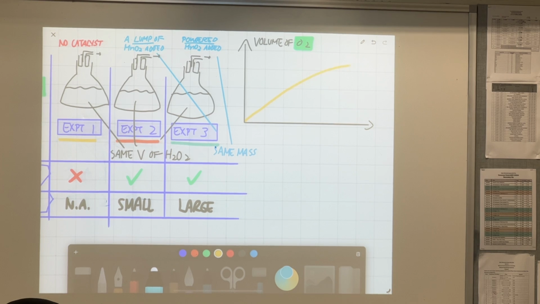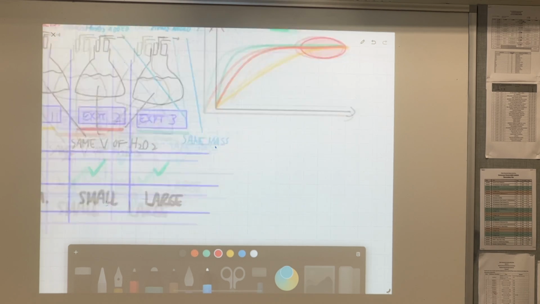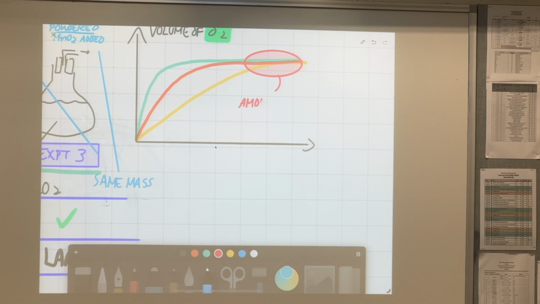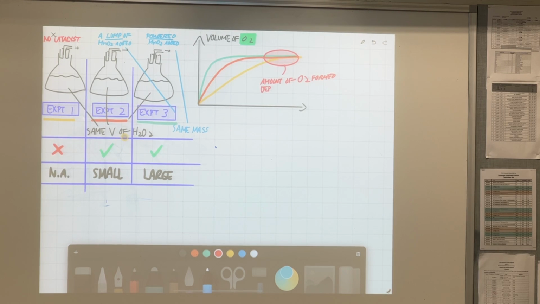So this is why, moment of truth, okay? You have the yellow curve, the orange curve, and the green curve should be found here. Is that clear? Do you all understand why it should end at the same point now? Yes, okay. If you are still not fully convinced, you can write down: this is because the amount of O2 formed depends on the amount of H2O2 present, which I control in all three experiments.